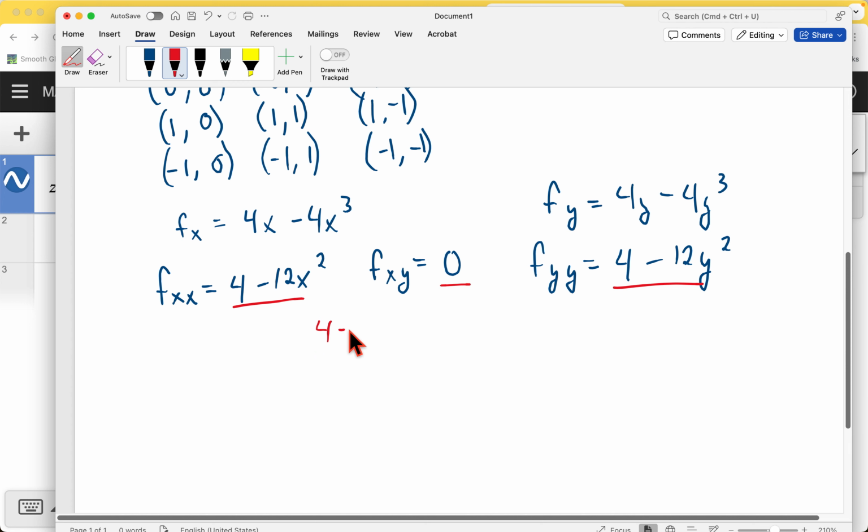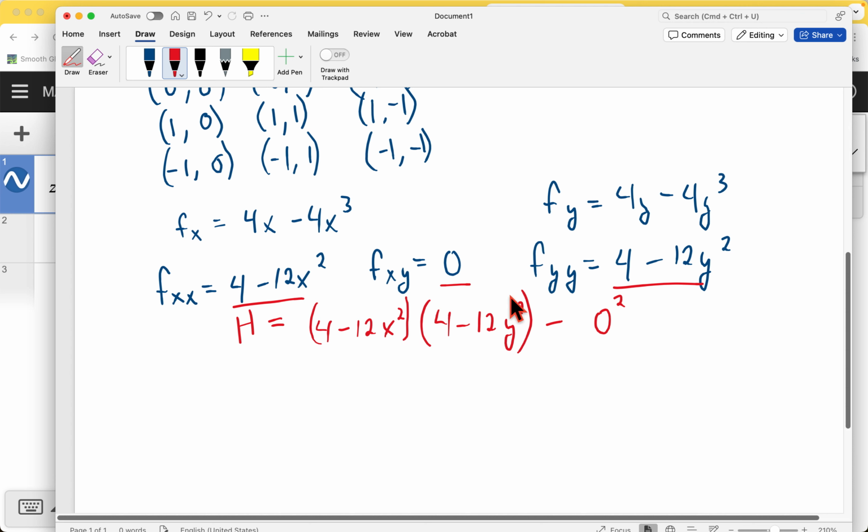So 4 minus 12x squared, times 4 minus 12y squared, minus 0 squared. So that's our Hessian. I'll put the big H.